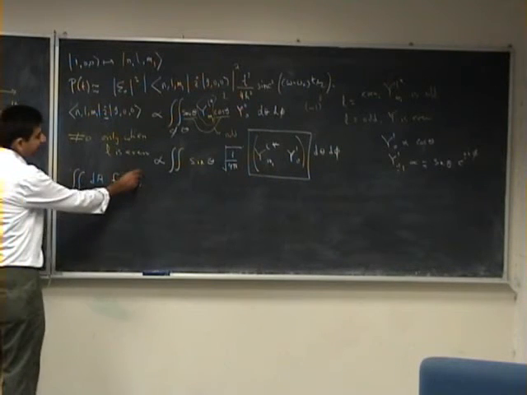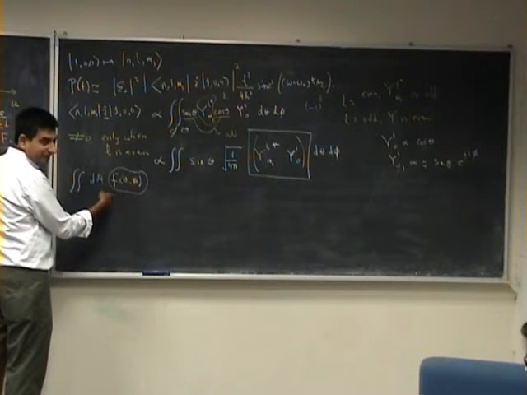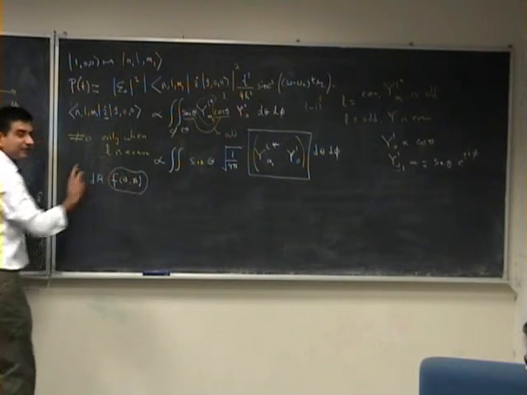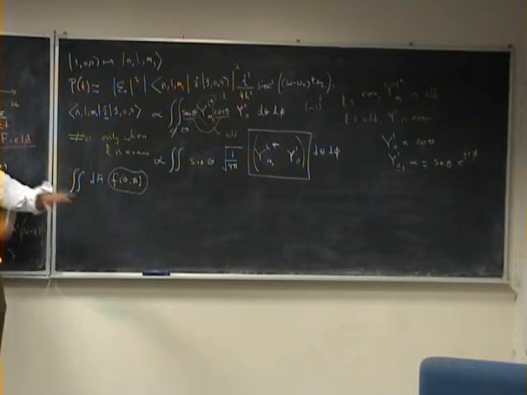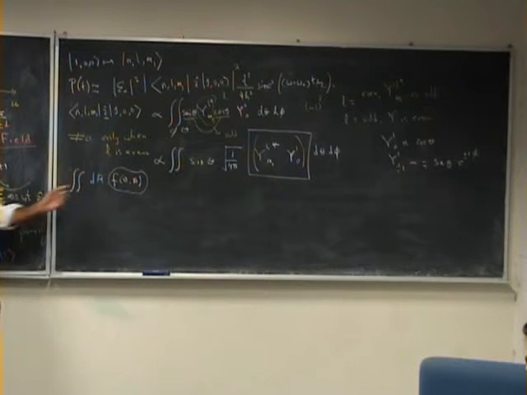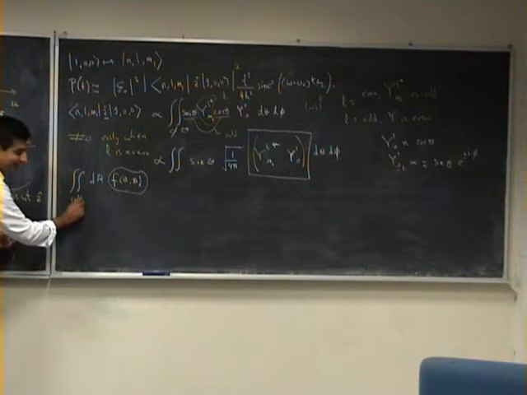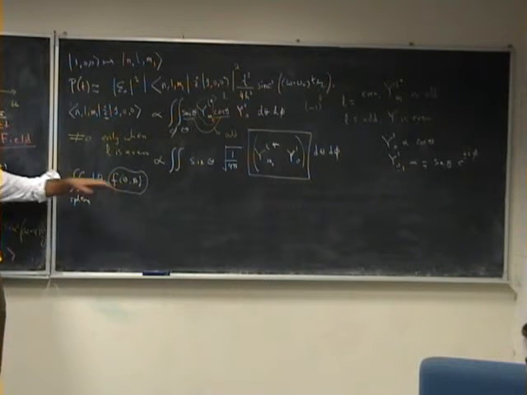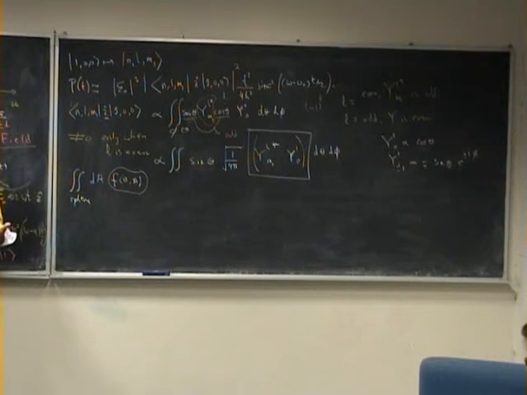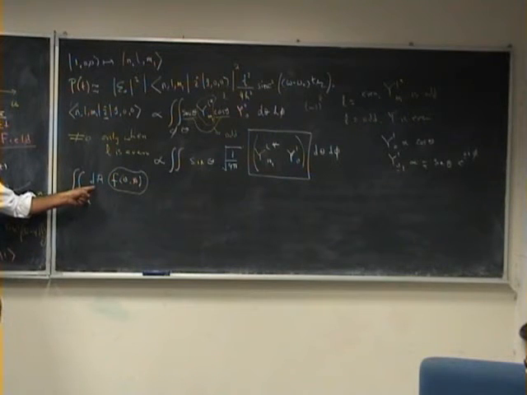If this function is even, then this integral will be non-zero. If this function is odd over the entire surface of the sphere, then when you integrate over theta and phi with the proper area measure, you will get 0.